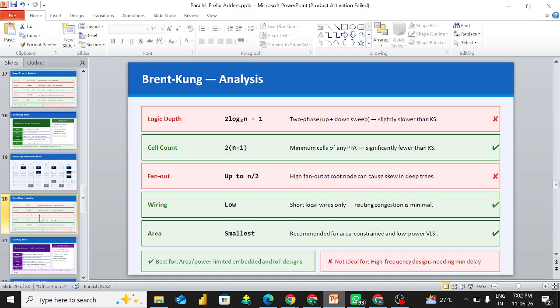At that time your economy will be good, your vehicle will maintain some speed also, and it consumes less petrol. Like this, Brent Kung also reduces some part of speed, and frees up some part of area.